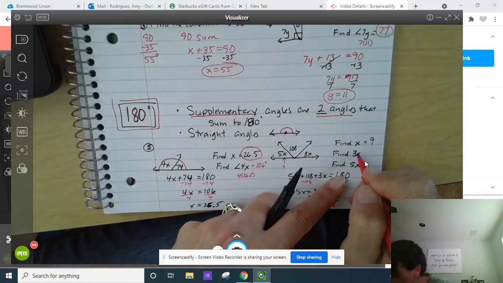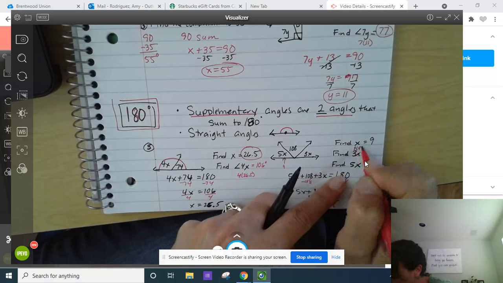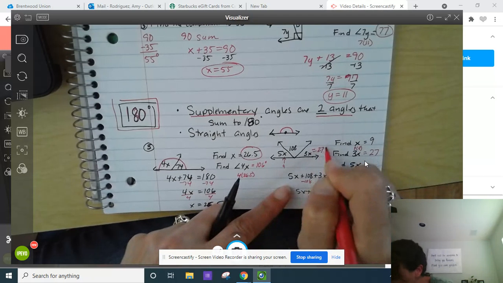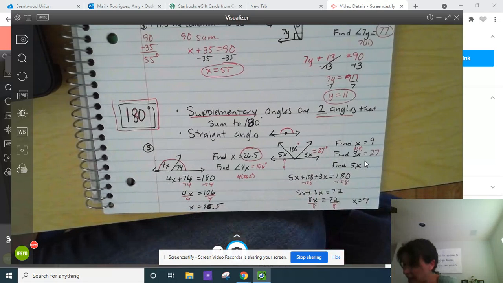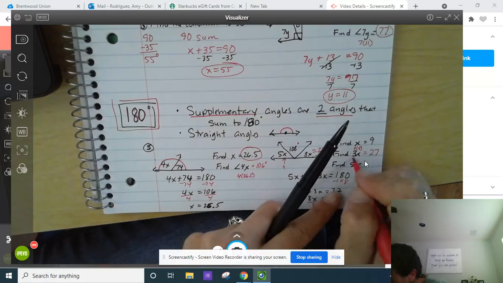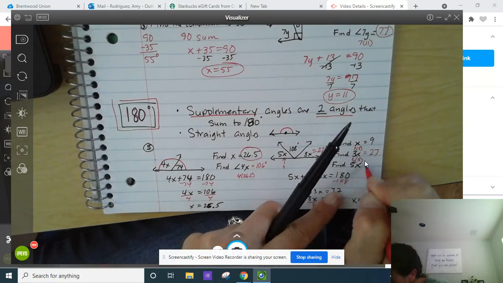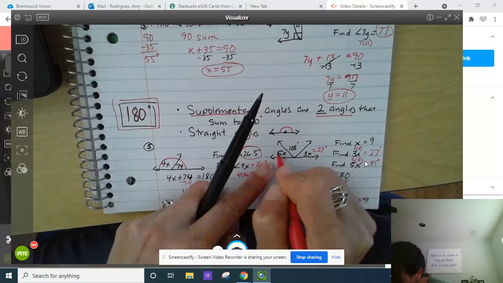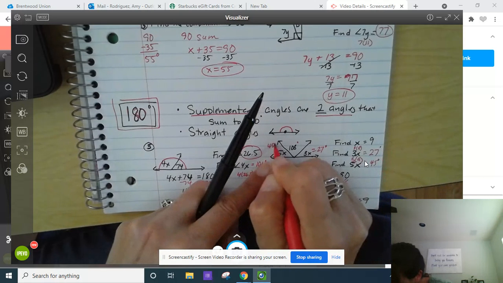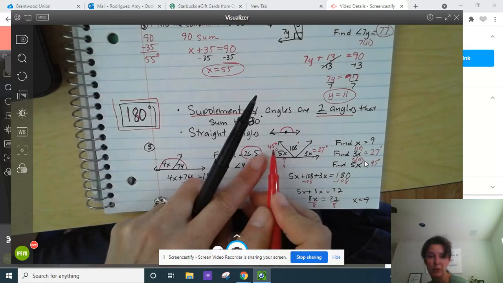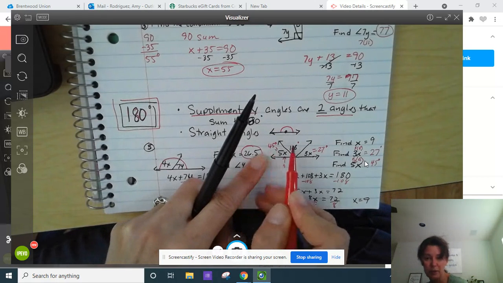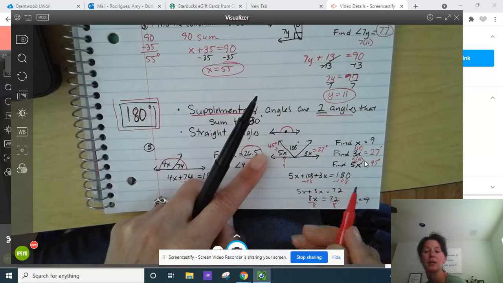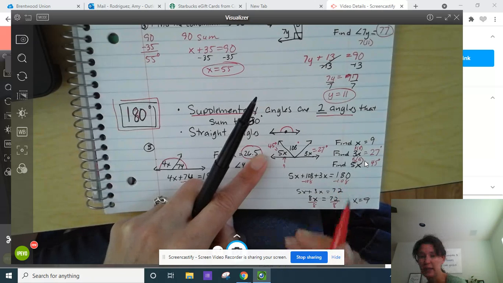So to figure out 3x, I would do 3 times 9, which says that this angle is 27. And this would be 5 times 9. So this angle is 45. So we could check our answer and we could get a calculator out and do 45 plus 108 plus 27, and we could make sure that it does add up to 180.